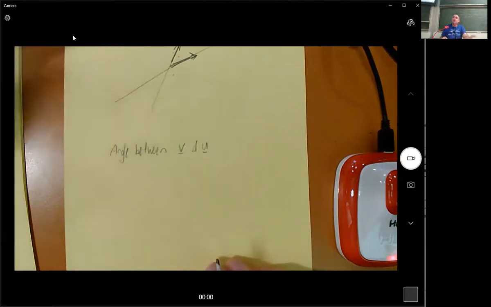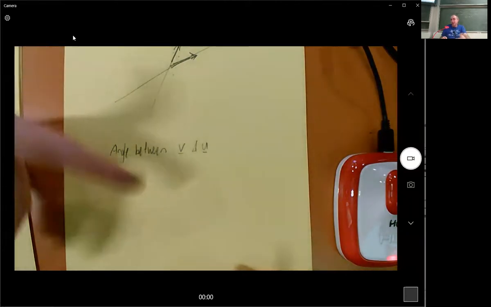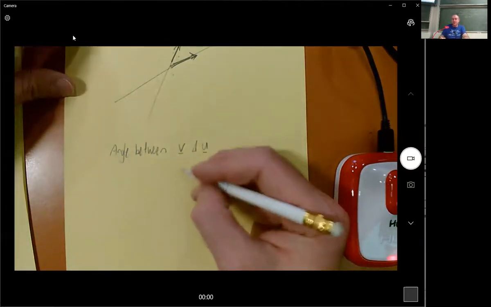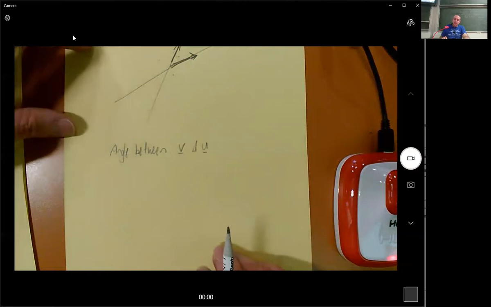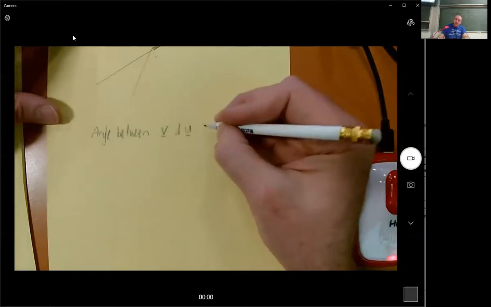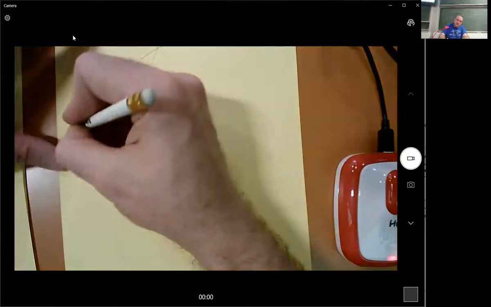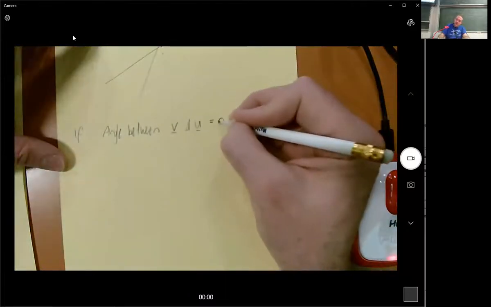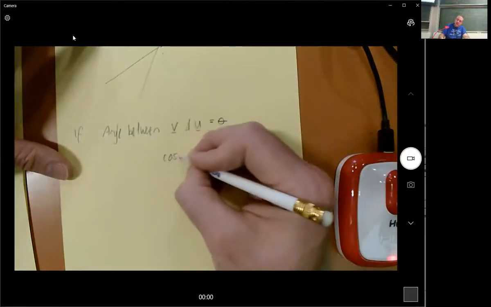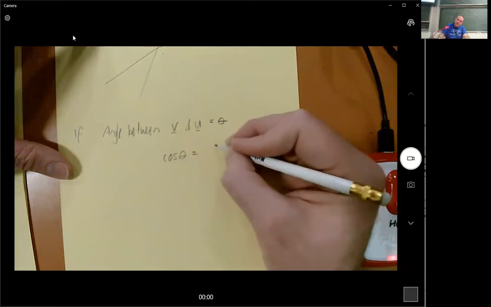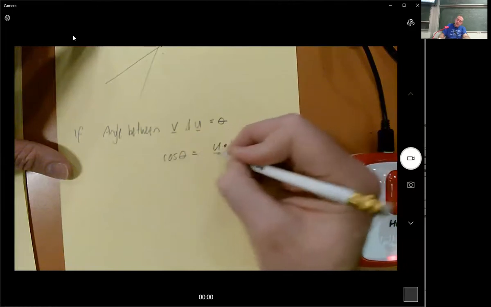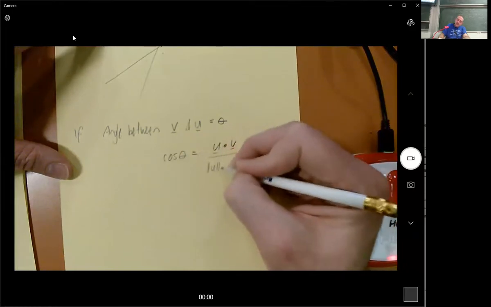When you're thinking of them as arrows, it's traditional to do them that way, and when you think of them as points, it's just capital P. So if the angle between the two vectors is theta, then cos theta is the dot product of the vectors divided by their two lengths.